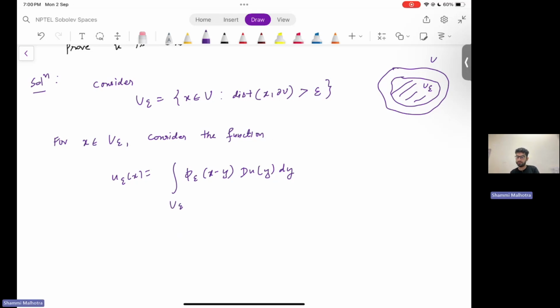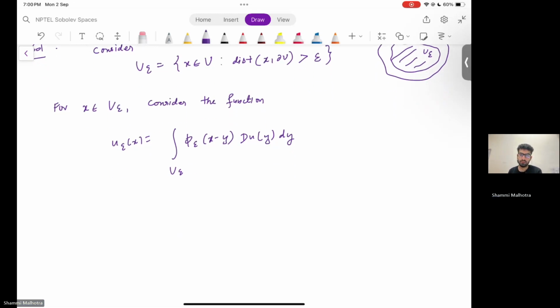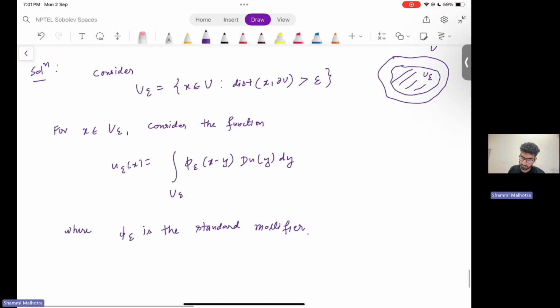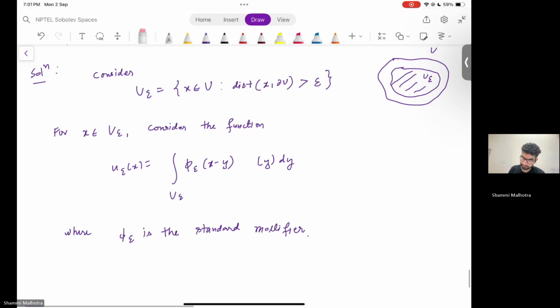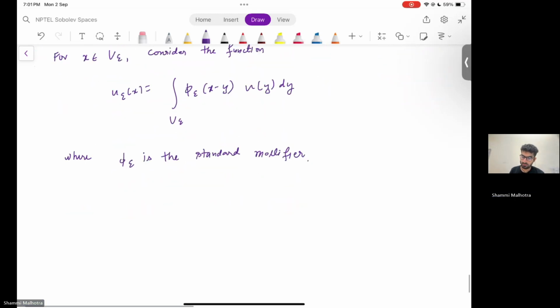So x minus y is actually inside u only, where phi epsilon is the standard mollifier. So this is a convolution which I'm considering.